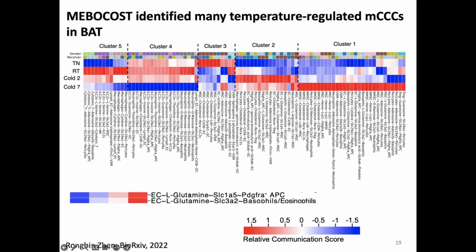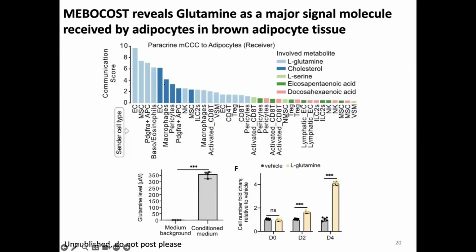We found the communication increased gradually in response to the cold treatment of the mouse. Then Zongbin further analyzed those communications from other cell types to adipocytes, and he found the communication mediated by glutamate seems likely to be the strongest.